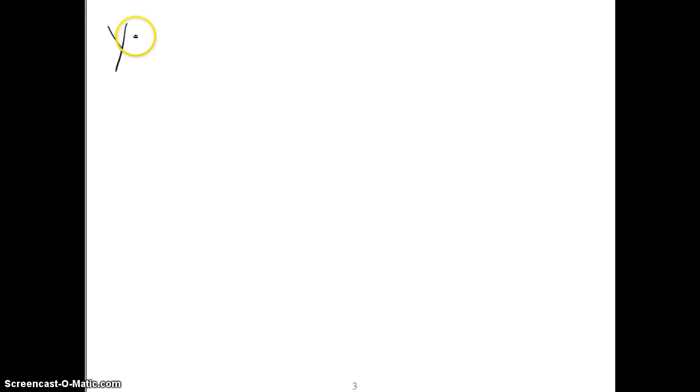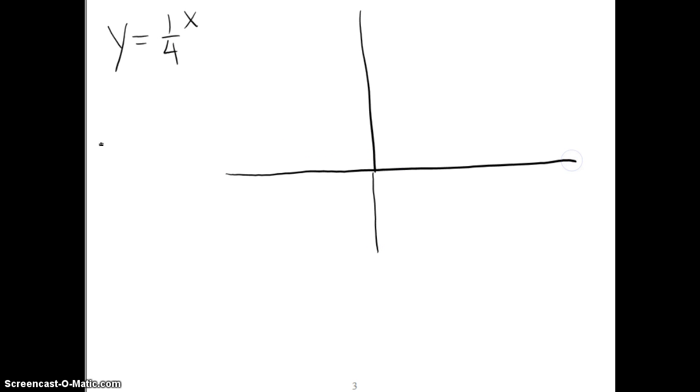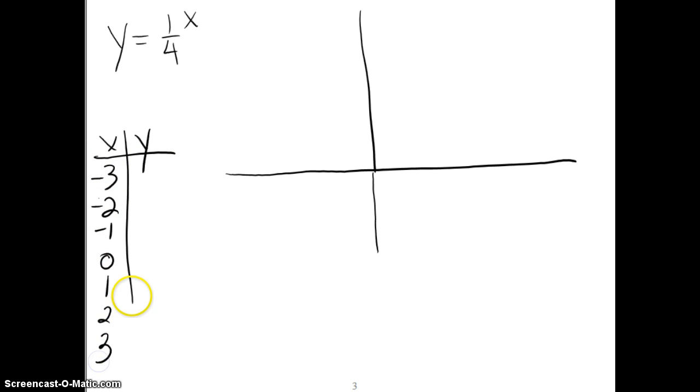Y equals (1/4) to the x. And we're going to do the same exact thing that we did before. From -3 all the way down to 3. The important thing to remember here is that we can always do this in our calculator.